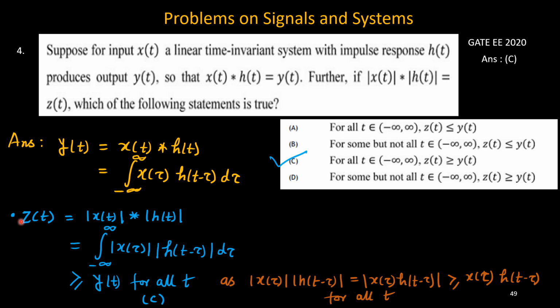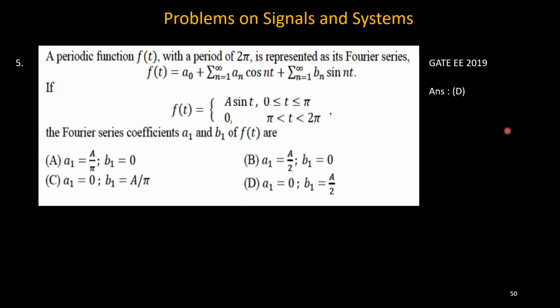So this z of t is always more than y of t for every t. There's no condition. Okay, for every t, z of t is more than y of t. It's a simple problem. Okay, now we'll move to next problem. This is our final problem for this video.